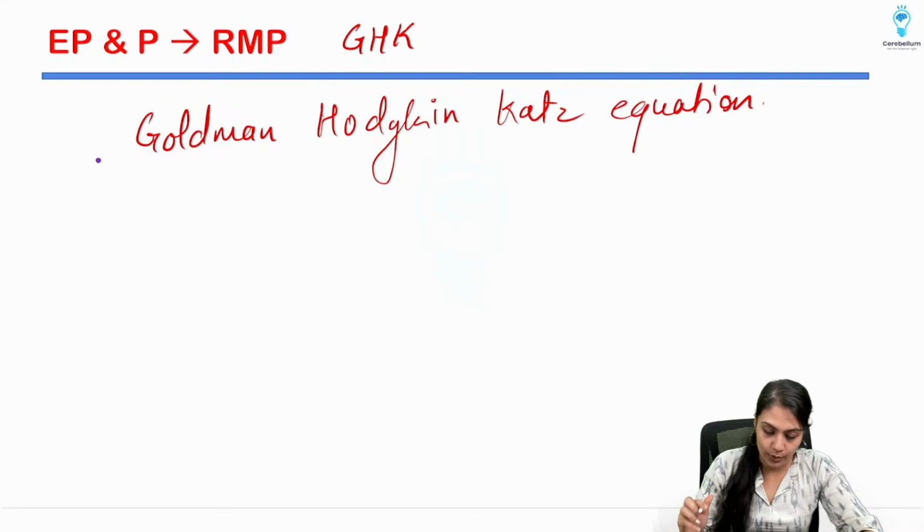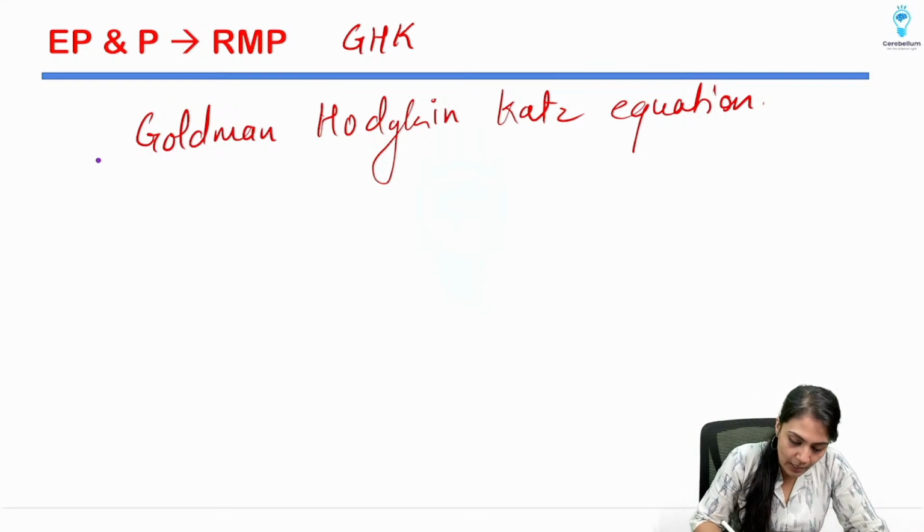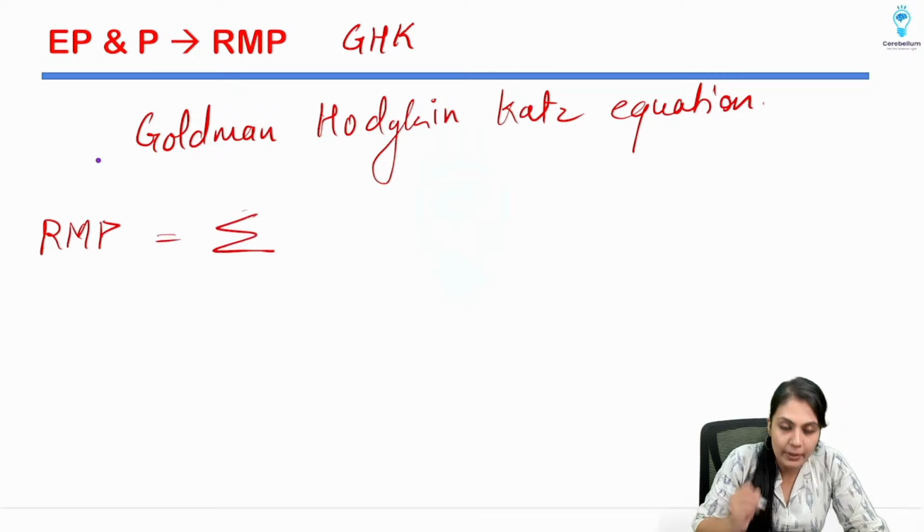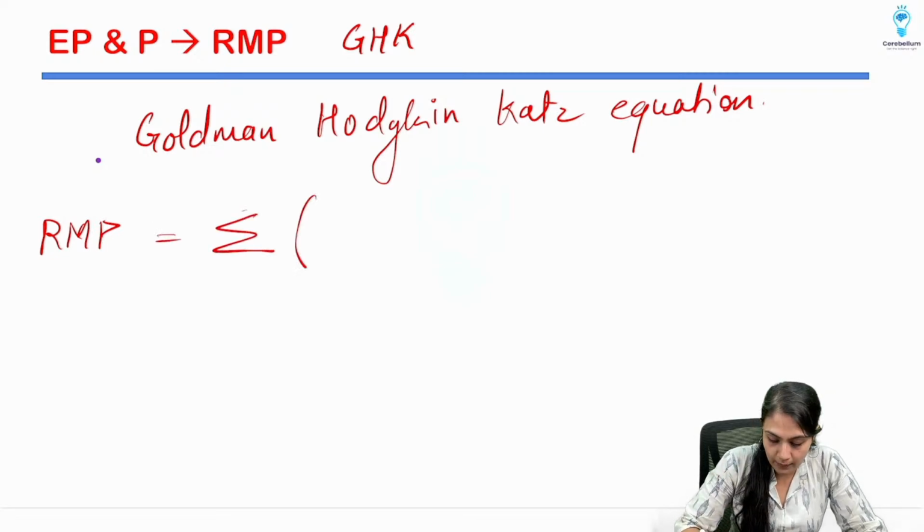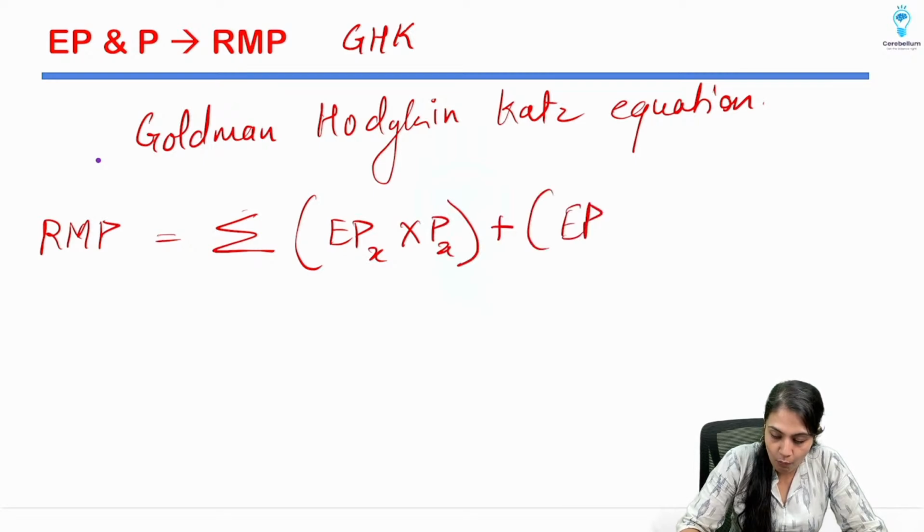Or what I can do is use a simplified formula: RMP is equal to the summation of, let's say, the equilibrium potential of X ion into its permeability, plus the equilibrium potential of Y ion into its permeability, and so on and so forth.